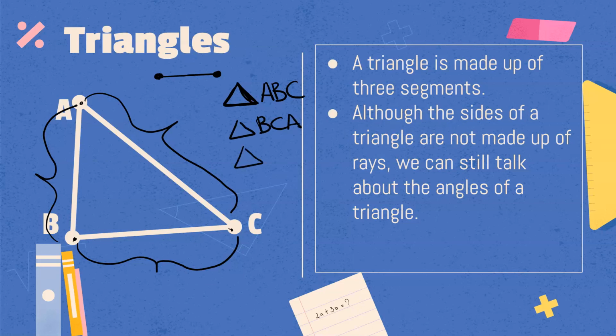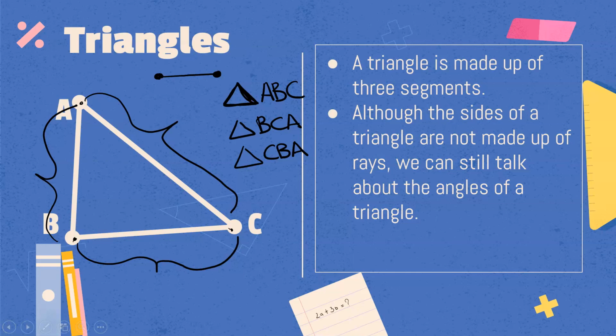You can say triangle CBA. So you can really use any points. Like you can start from here and then go here. You can start from C and go to A and then go to B, or you can go from C to B to A, as long as you include all the points.